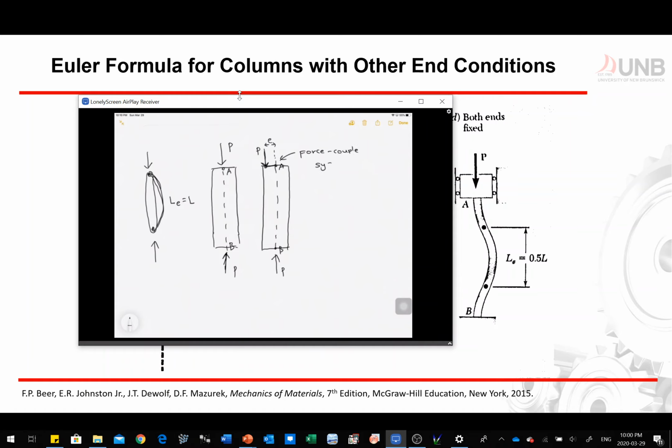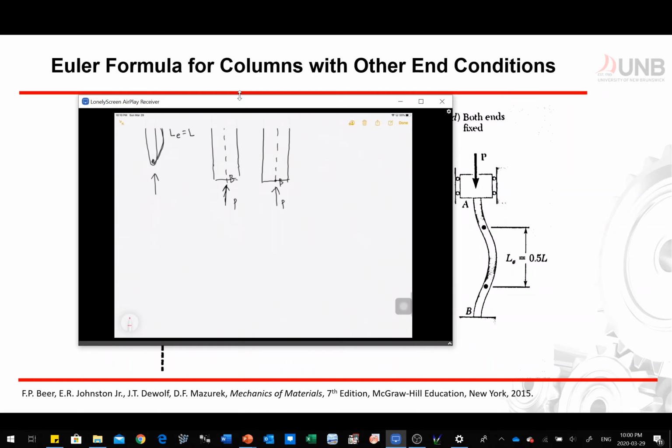In a force couple system, we can move this force right here into this spot right here. However, we also have to account for the moment that it produces once we move that force from this point to this point.